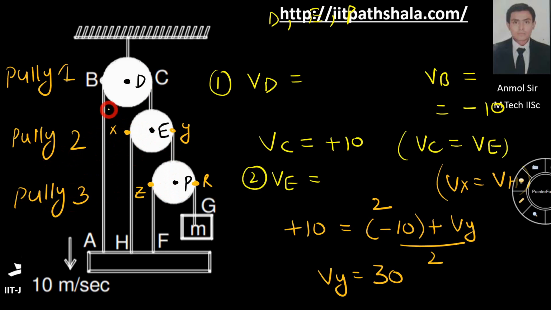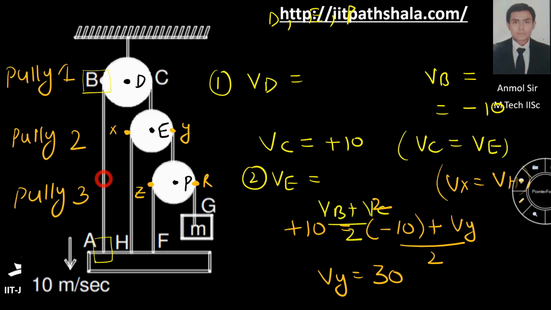Now you can simply use the following formula: for pulley 1, VD is equal to VB plus VC. As you can see from the figure itself, the velocity of point B is equivalent to the velocity of point A because both points are on the same string.